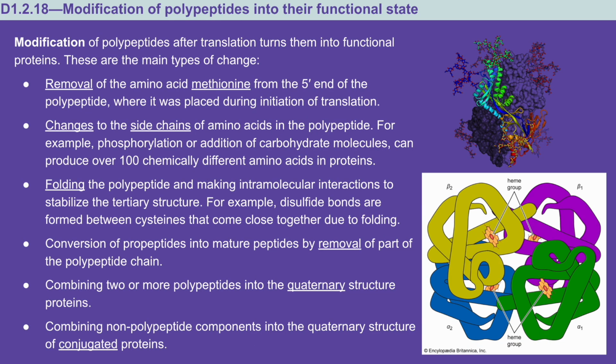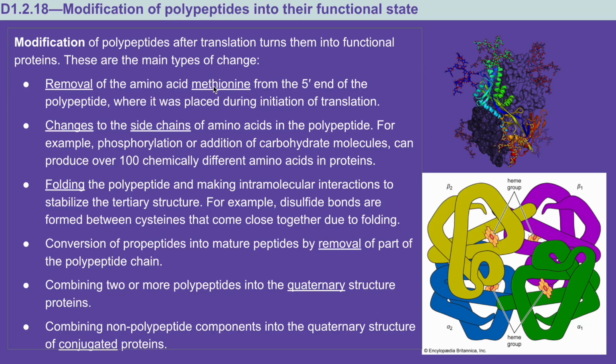So earlier we talked about 4 ways we can modify mRNA post-transcription. Now let's look at several ways that we can modify polypeptides post-translation so that they can achieve their functional state. These are the main types of change. First, we're going to remove the amino acid methionine from that 5' end of the polypeptide where it was placed during initiation of translation.